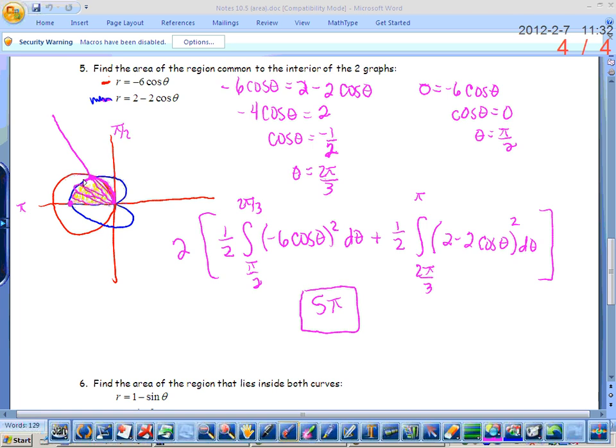But if I'd wanted to go all the way around through here with the blue graph, what would my limits of integration have been? 2 pi over 3 to whatever that is, which was 4 pi over 3. And then I would have had to go back to the red graph and go 4 pi over 3 to, what do you think would take me?